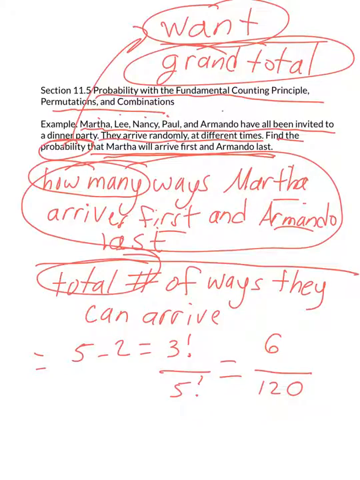We should always have a simplified answer, so let's simplify our fraction. You can do it in your head, or you could type in 6 divided by 120, math button, enter, enter, and you will see that it does in fact simplify to 1/20. Final answer, 1/20.